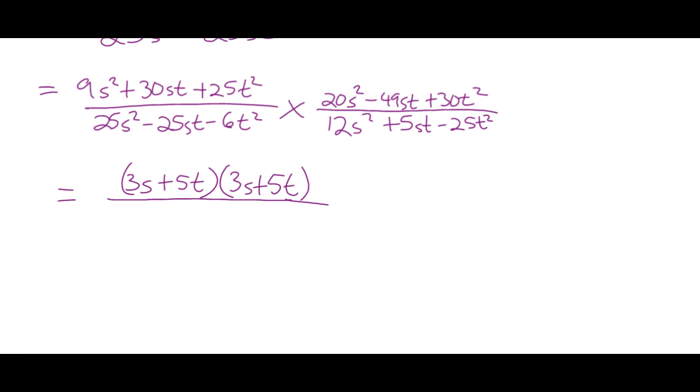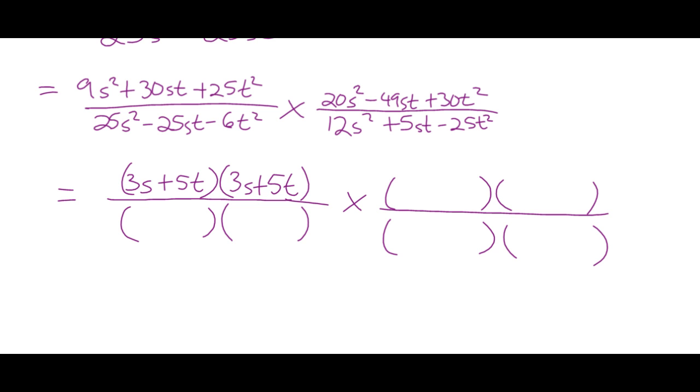Now, being as it's a simplifying question, there's probably another 3s plus 5t. Could that be down here? You can say no, because there's no way you can multiply 3s by something and get 25s squared. So let's build a little template here.